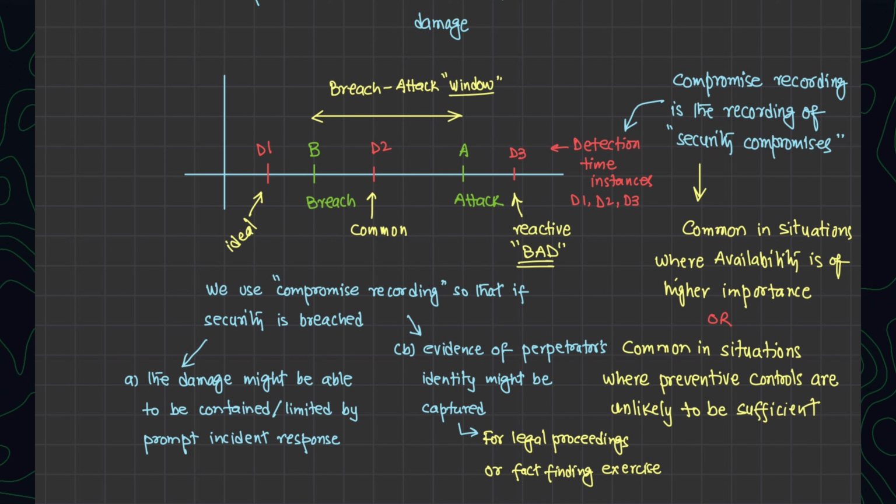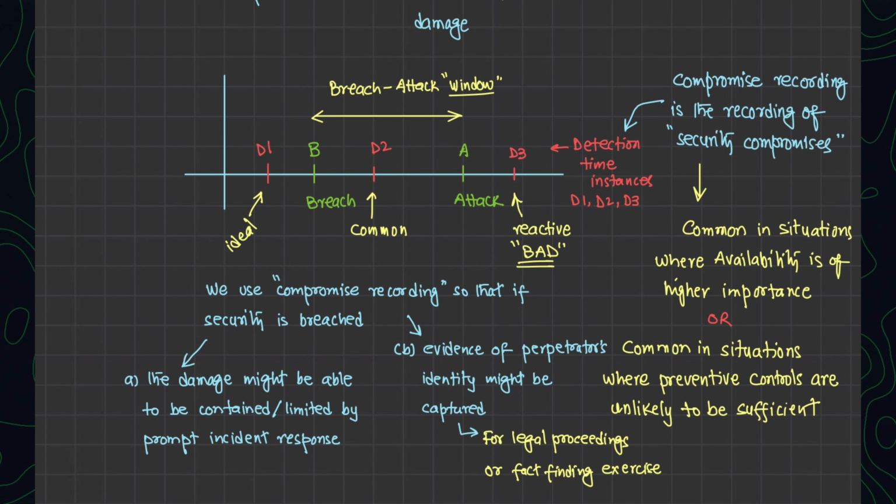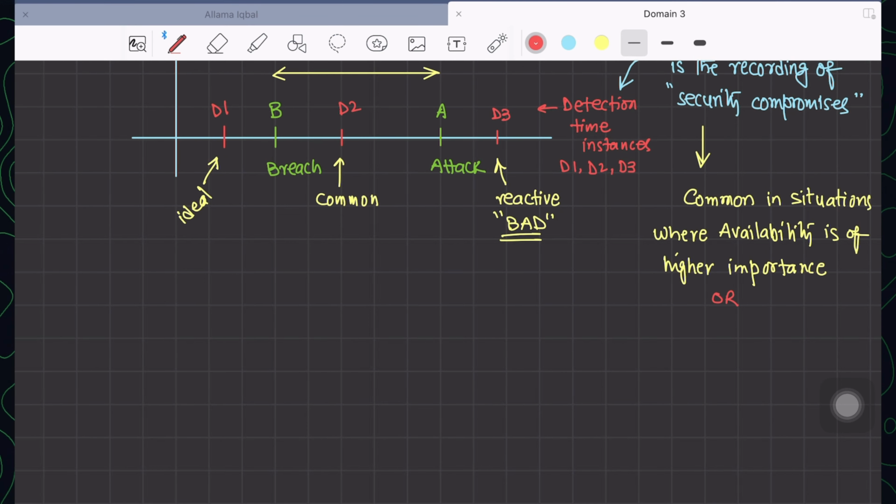In highly available situations like cinema halls, airports or shopping malls, you use compromise recording. You use the compromise recording security principle in situations where preventive controls are unlikely to be sufficient.